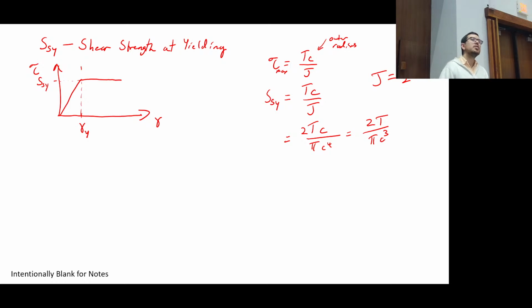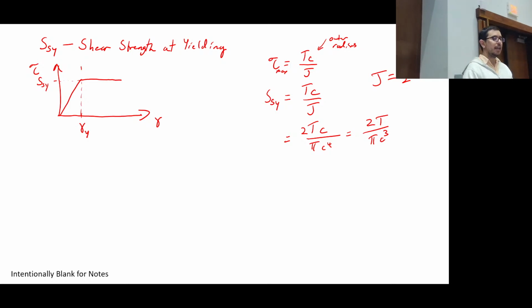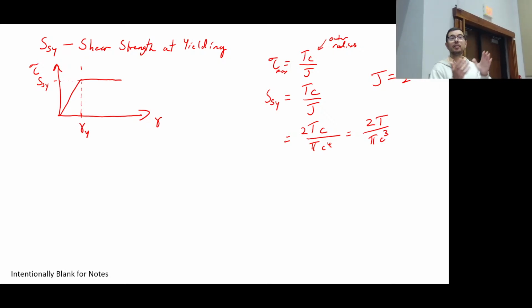So the screws are interesting in that they experience both a normal stress, because they are usually clamping together plates, holding two things together, and that's normal. So they experience a normal stress, and then they also experience the tightening, so you have a torque that you're loading on them.